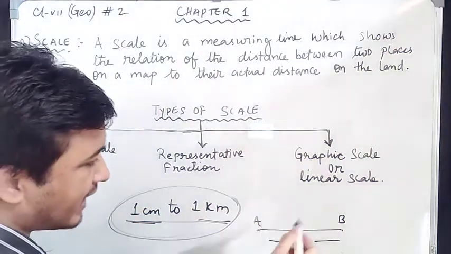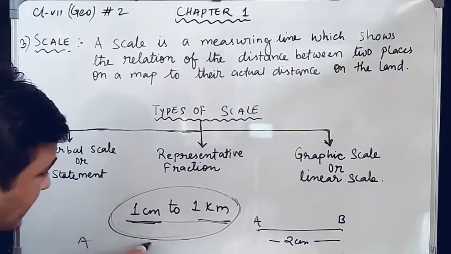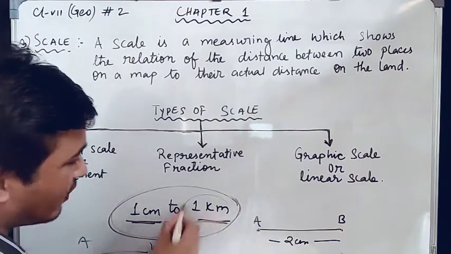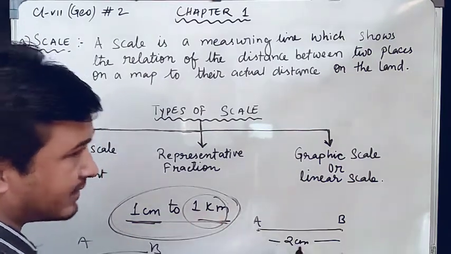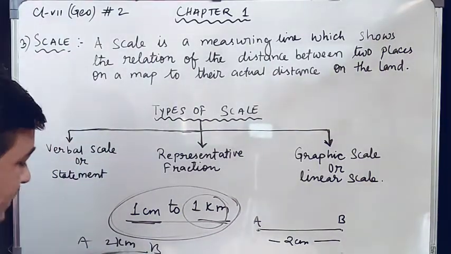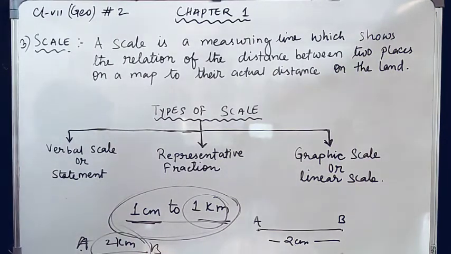It means the actual distance on the ground between station A and B will be how much? 1 centimeter represents 1 kilometer. Similarly, 2 centimeters will represent 2 kilometers. It means the actual distance on the ground between station A and B will be 2 kilometers. Now I think you got a clear idea about the scale.